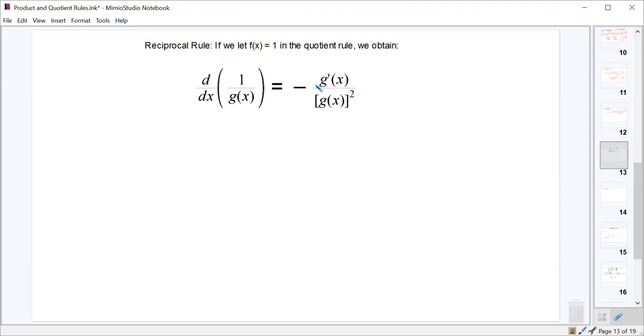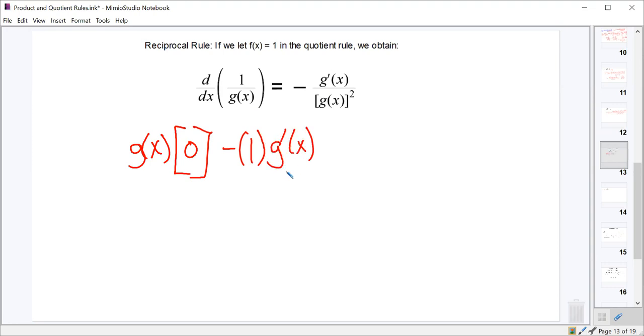The quotient rule says if I want to take the derivative of a quotient, which is what 1 over a function is, I do the denominator, which is g of x, times the derivative of the numerator, and the derivative of 1 is 0, minus the numerator times the derivative of the denominator, which is g prime, all divided by g of x squared, the denominator squared.